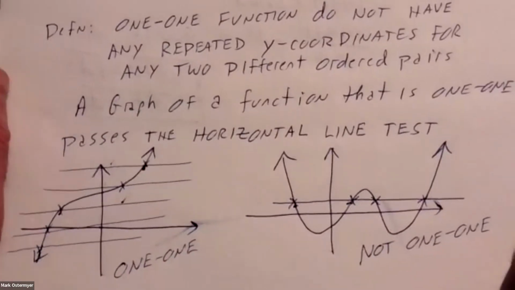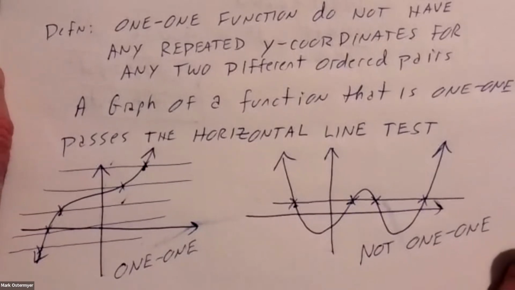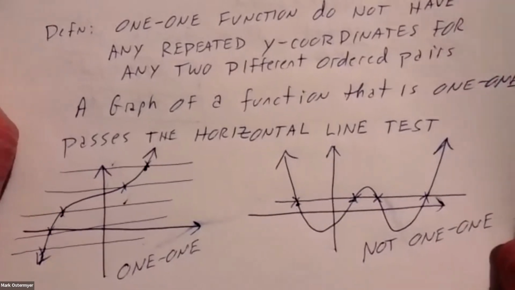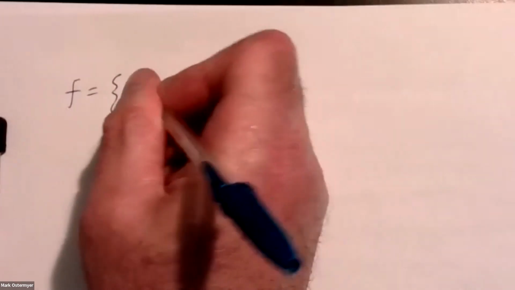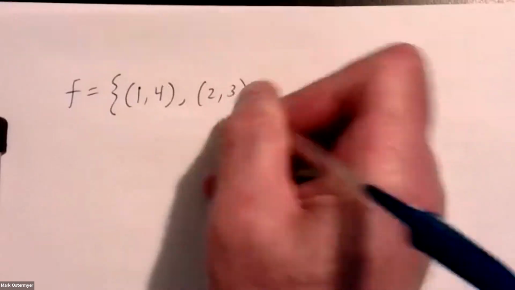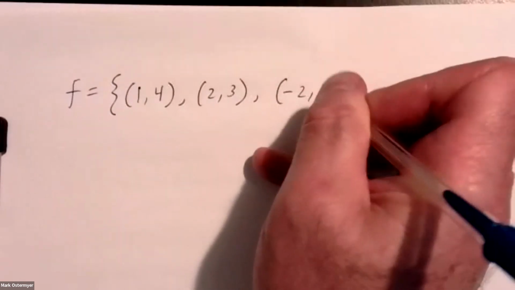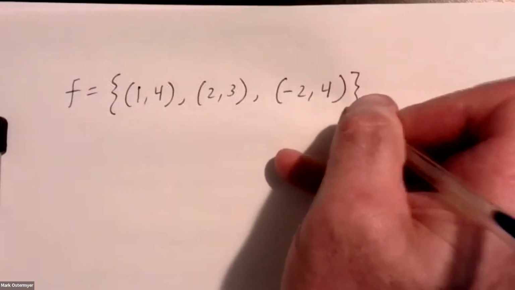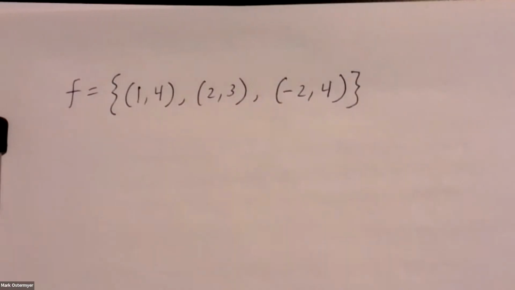So do we understand the horizontal line test? That's all there is to it. It can basically just tell us if a function is a one-to-one function or not. Now, some functions are not given to us in the form of a graph. If we have a function represented as a set of finite ordered pairs, we should still be able to determine, based on the definition I gave you, whether this is one-to-one or not. So is f one-to-one?